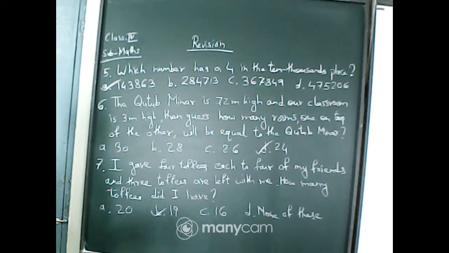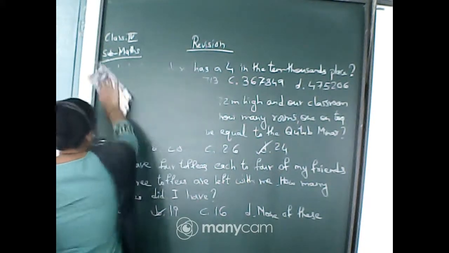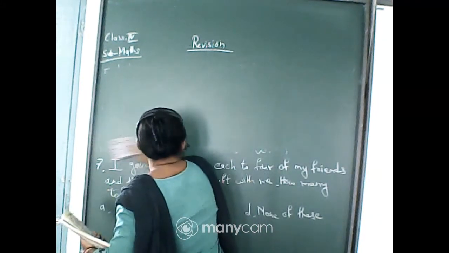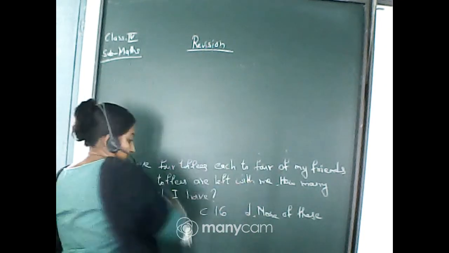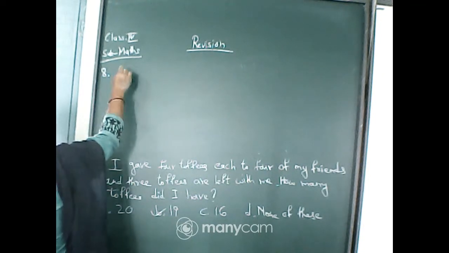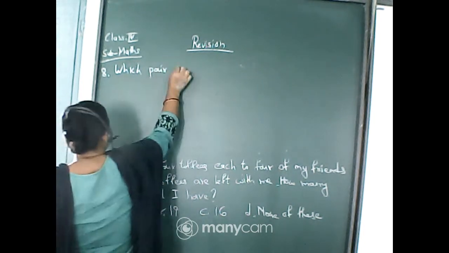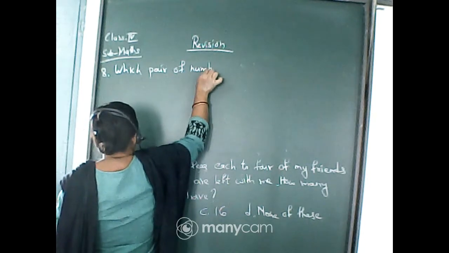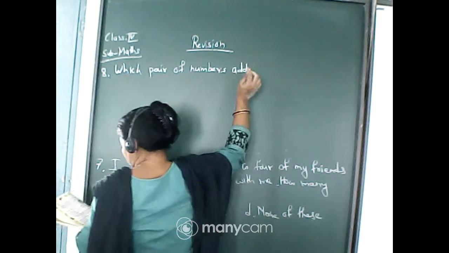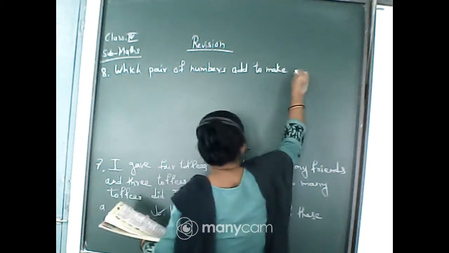Now write number 8. Which pair of numbers add to make more than 500?